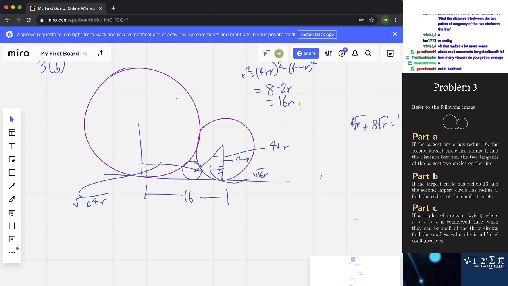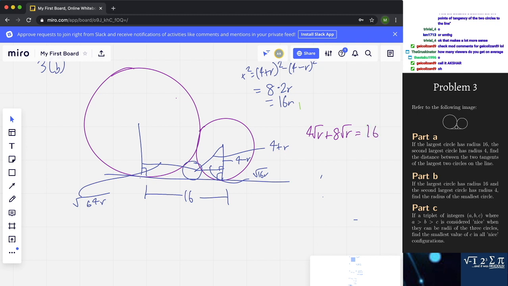And that's almost off the board. So 4 root r plus 8 root r equals 16. So r is going to be equal to 16 over 9.